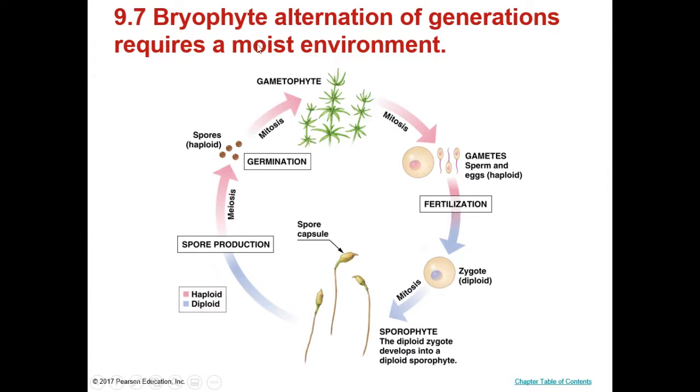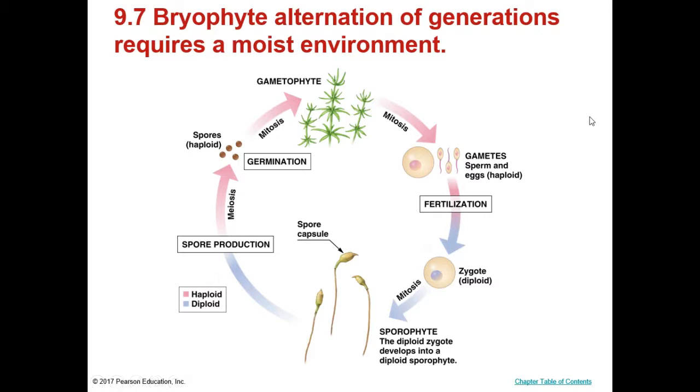So the way in which most plants reproduce is actually called an alternation of generations. All right, so it's very important for us to be very familiar with alternation of generations because we carry on a modified version of an alternation of generation, but plants are actually a lot more successful at that.